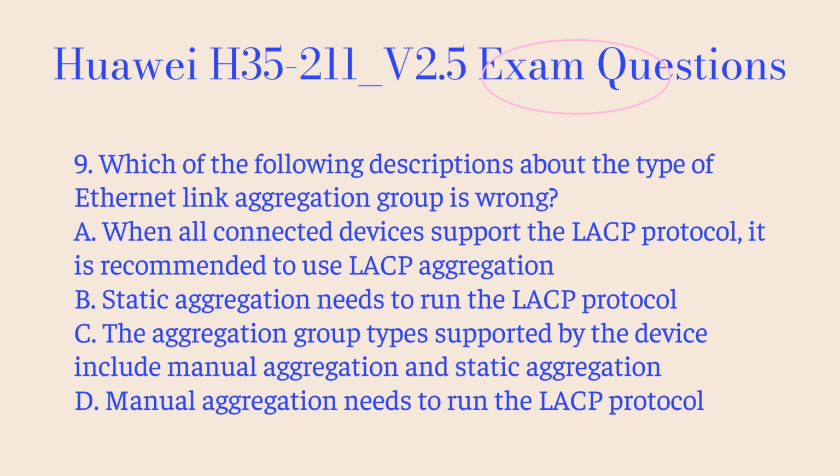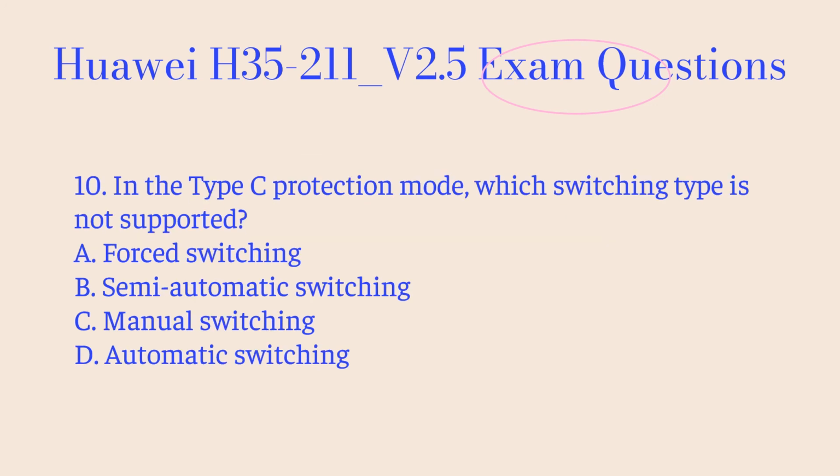D. Manual aggregation needs to run the LACP protocol. 10. In the Type C protection mode, which switching type is not supported? A. Forced switching. B. Semi-automatic switching. C. Manual switching. D. Automatic switching.